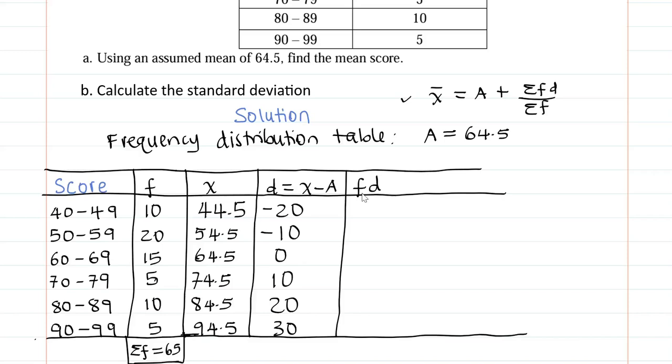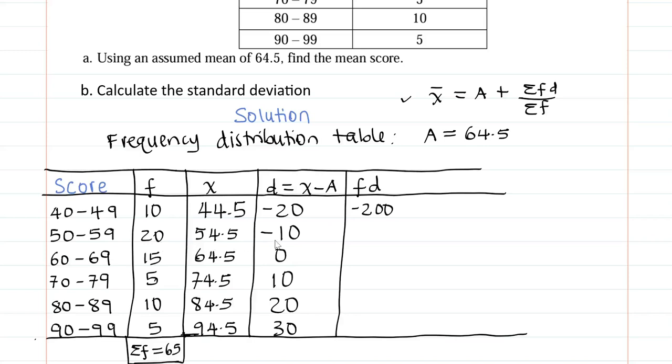I will quote this formula again when we reach down there. So how do we get FD? FD is the frequency times the deviation. That means for the first case here we shall have 10 times negative 20. That gives us negative 200.